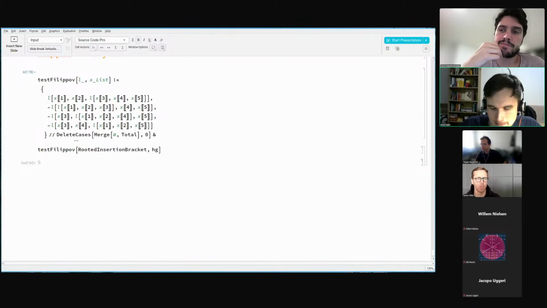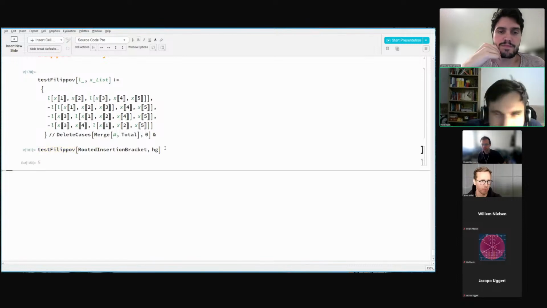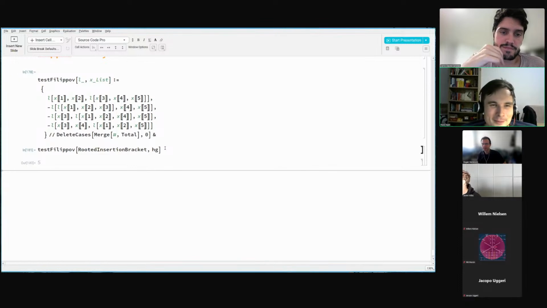Just a disclaimer: the definition of the rooted insertion bracket might still need checks. So if this does not hold, it does not mean it does not hold. It still might hold if one removes all implementation errors, but maybe it holds. Who knows? It's computing now.